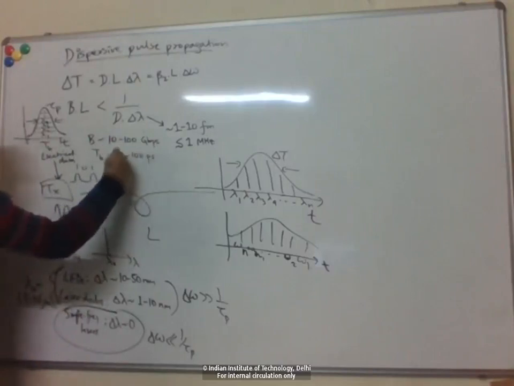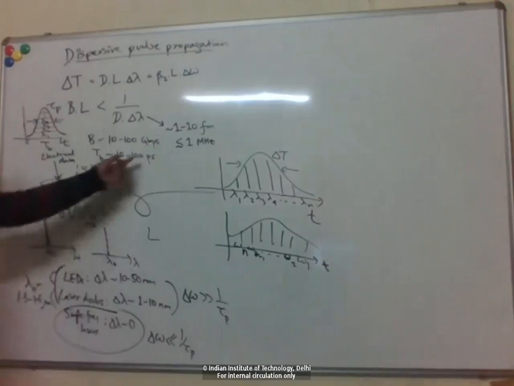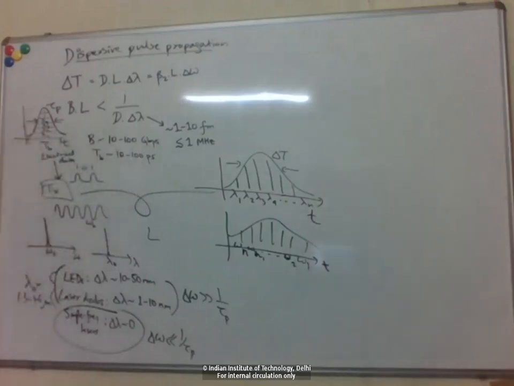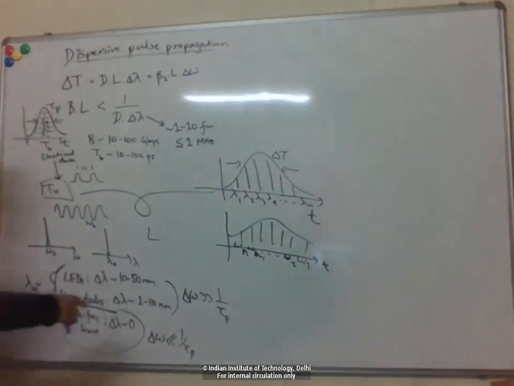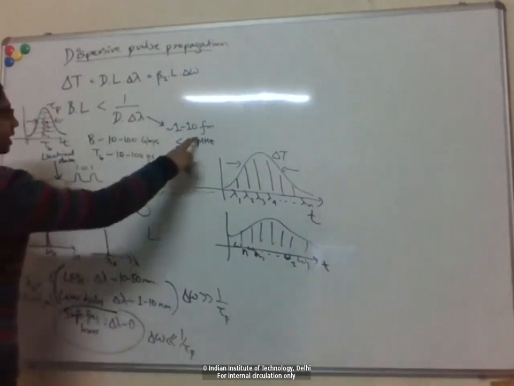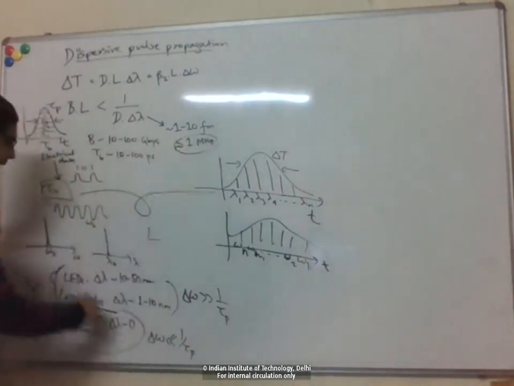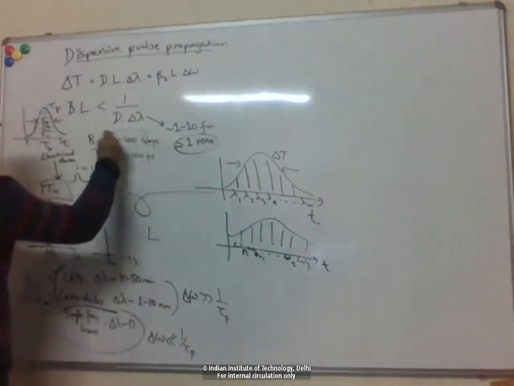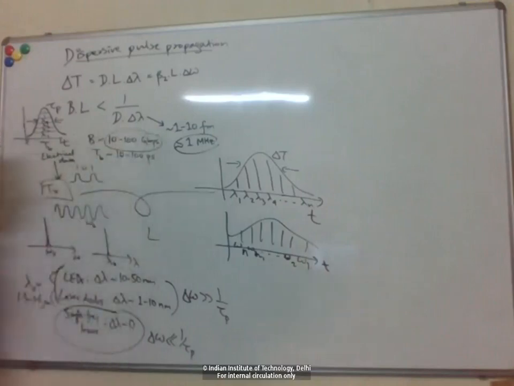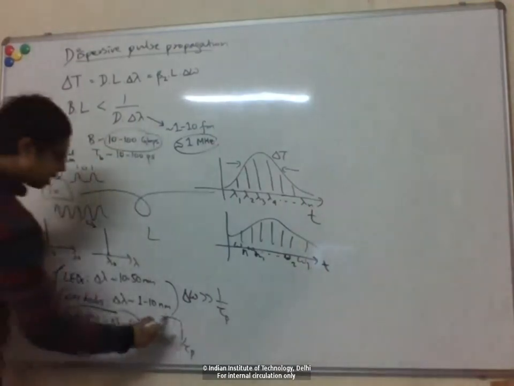That's the time scale for these pulses. So you can see the linewidths in frequency for these lasers are megahertz scale, and the data rates we are talking about are gigahertz or tens to hundreds of gigahertz. So we are in this limit.